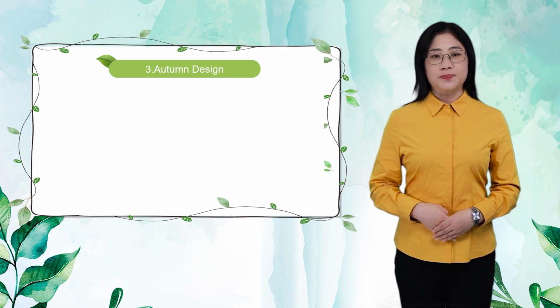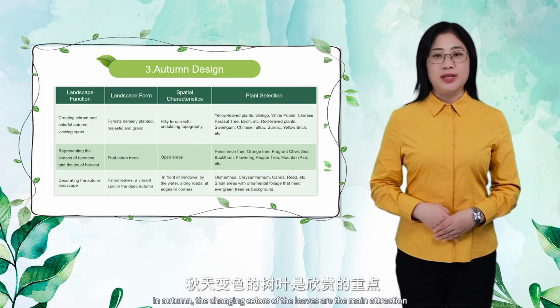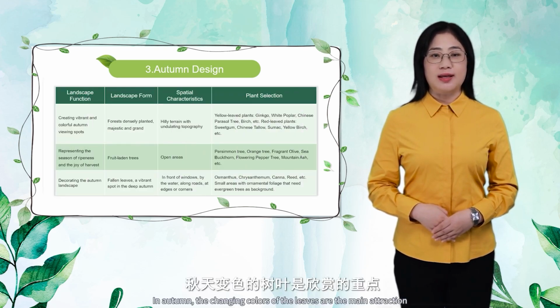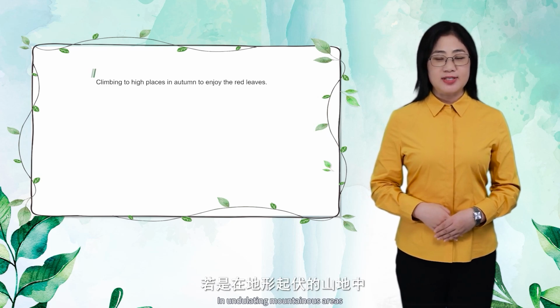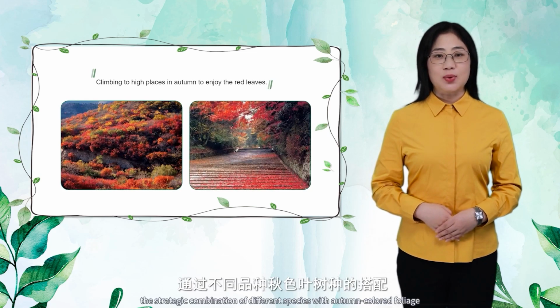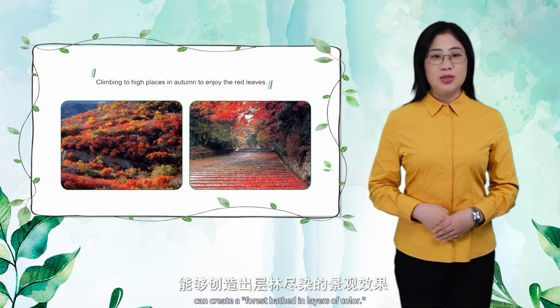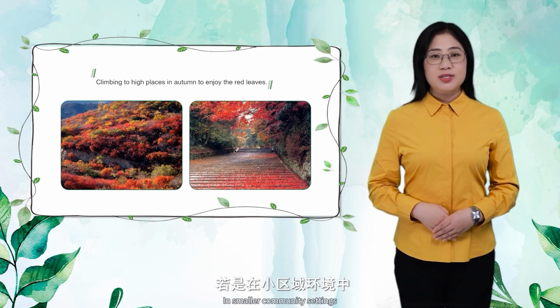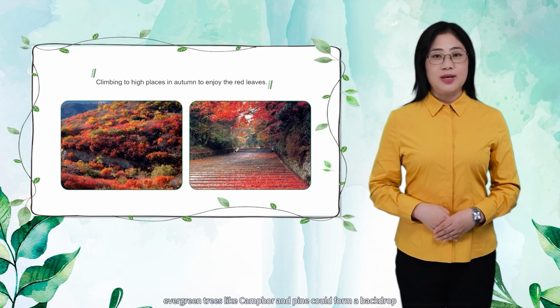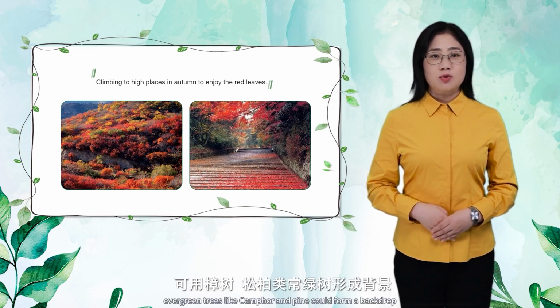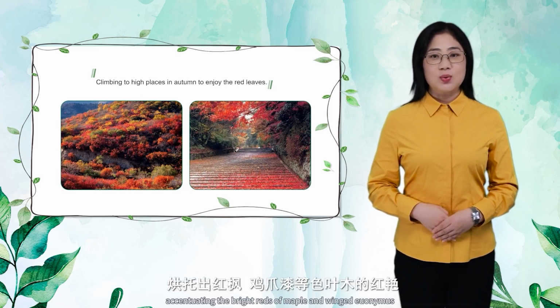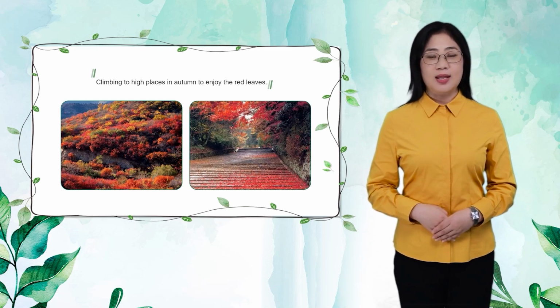Autumn design. In autumn, the changing colors of the leaves are the main attraction. In undulating mountainous areas, the strategic combination of different species with autumn-colored foliage can create a forest bathed in layers of color. In smaller community settings, evergreen trees like camphor and pine could form a backdrop, accentuating the bright reds of maple and winged euonymus.